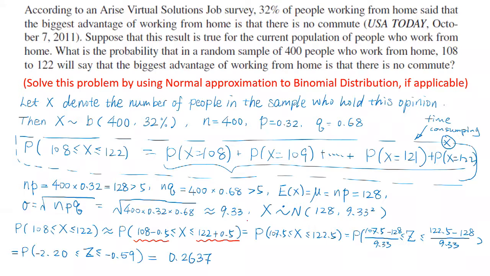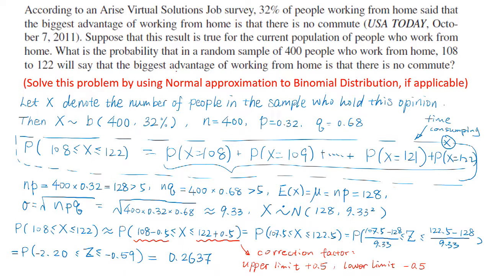Okay. Pay attention to the correction here. This is a correction factor, which means upper limit plus 0.5 and lower limit minus 0.5.